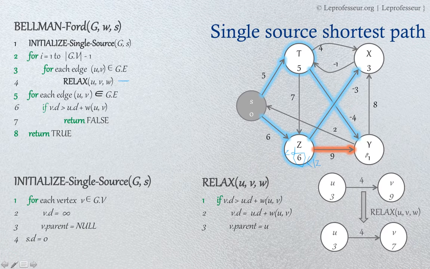So 1 is less than what we had earlier, 15. So we update the parent of y. The parent of y would be t. The old parent of y was z, which will no more be there.